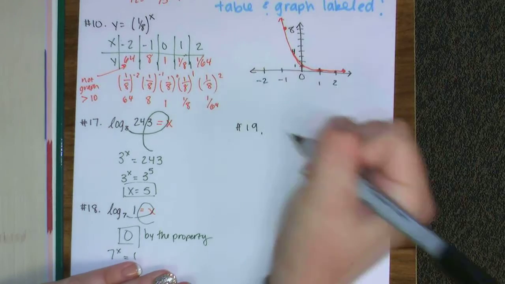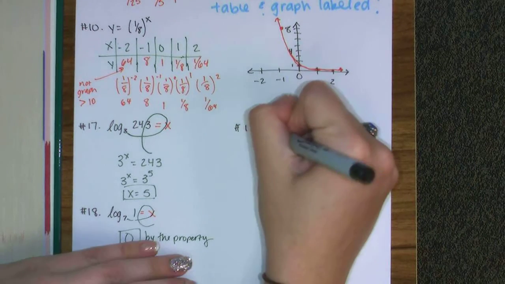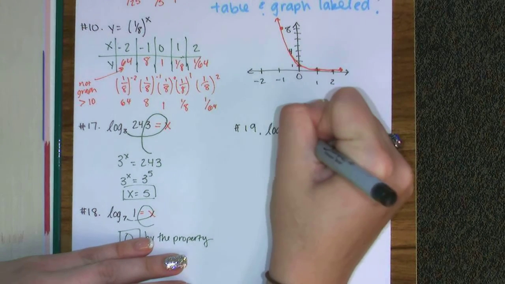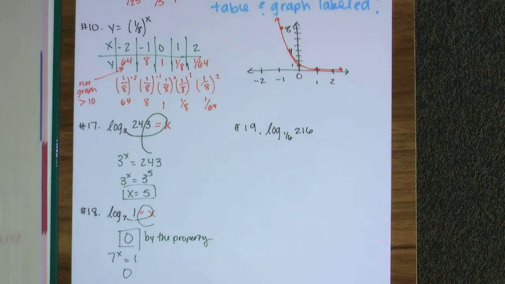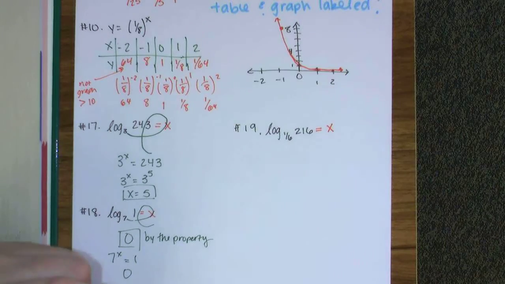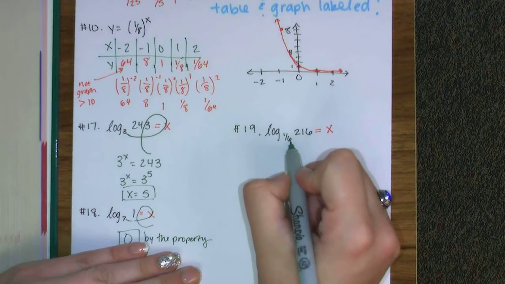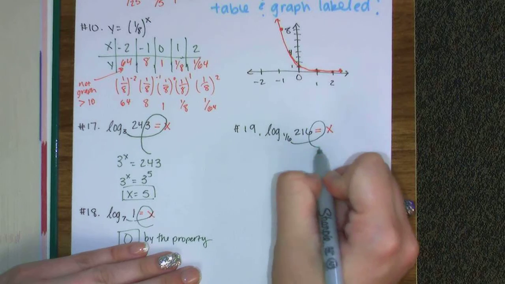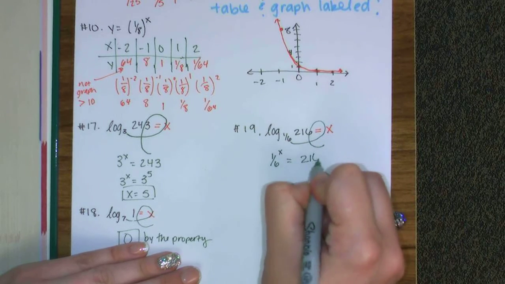19. All right, we have log base 1/6 of 216. So, this one I will admit is a little harder, but not by a lot, especially if we do this method. So, make an e. 1/6 raised to the x is equal to 216.